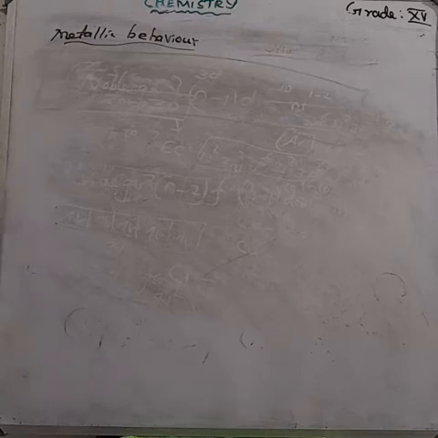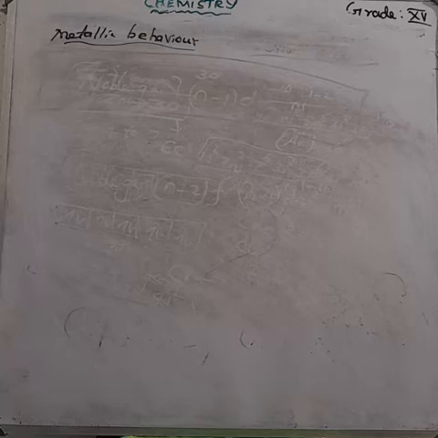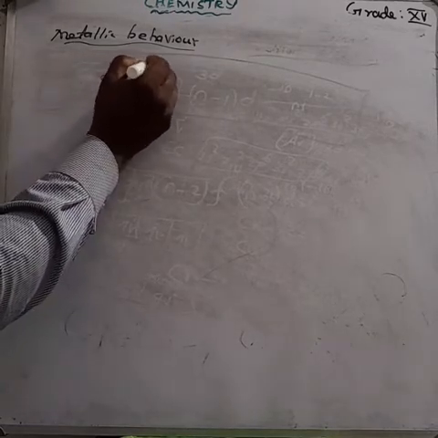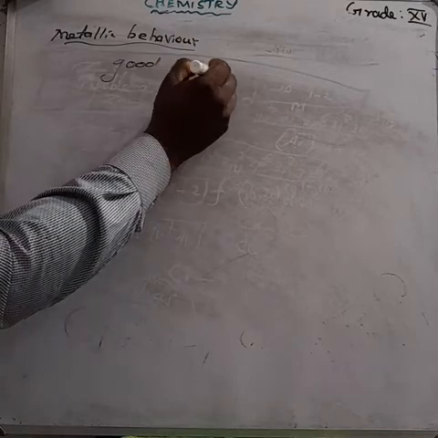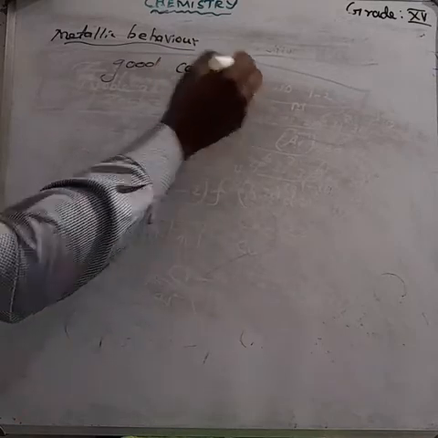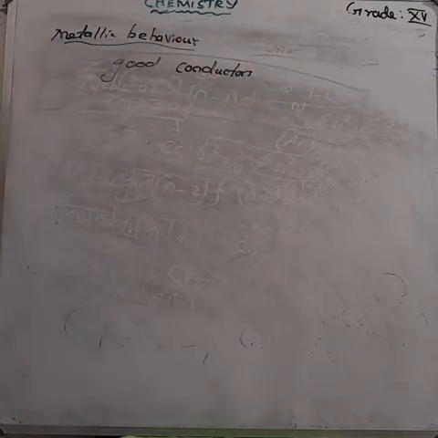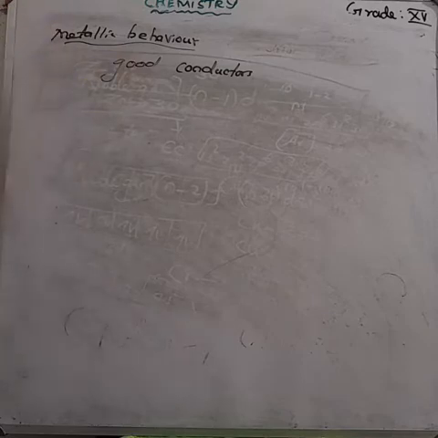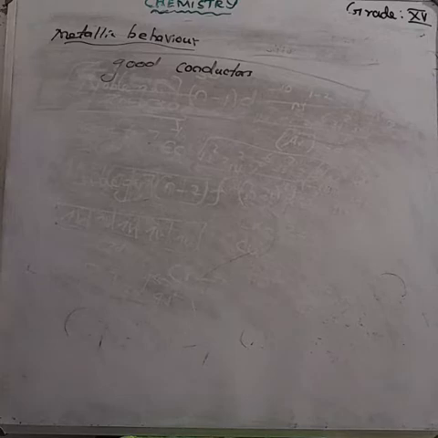All the transition elements are metals. We know transition metals are good conductors of heat and electricity. The metals of group 1 and group 2 are soft, while all the transition metals except group 11 are hard. We already discussed that group 11, that is copper, silver, gold, are not hard metals; the others are hard metals.